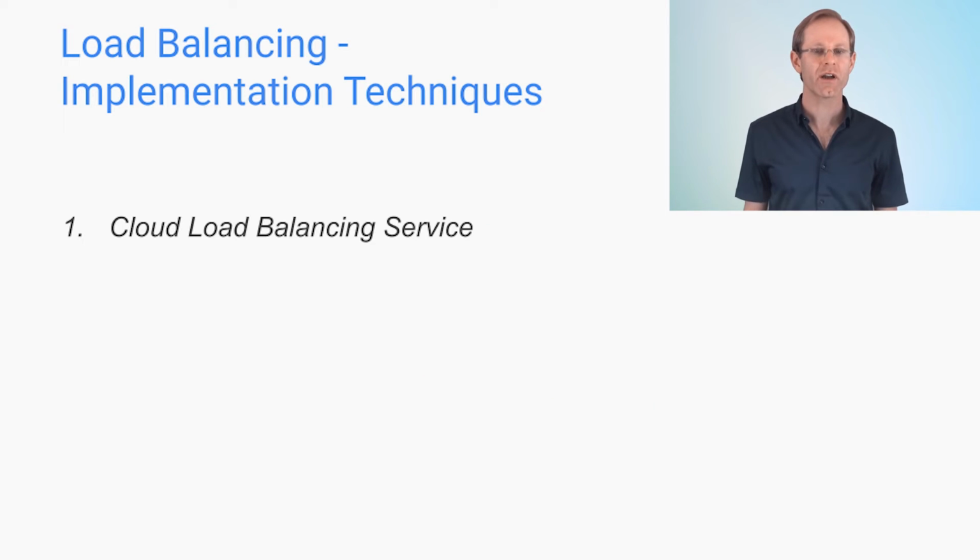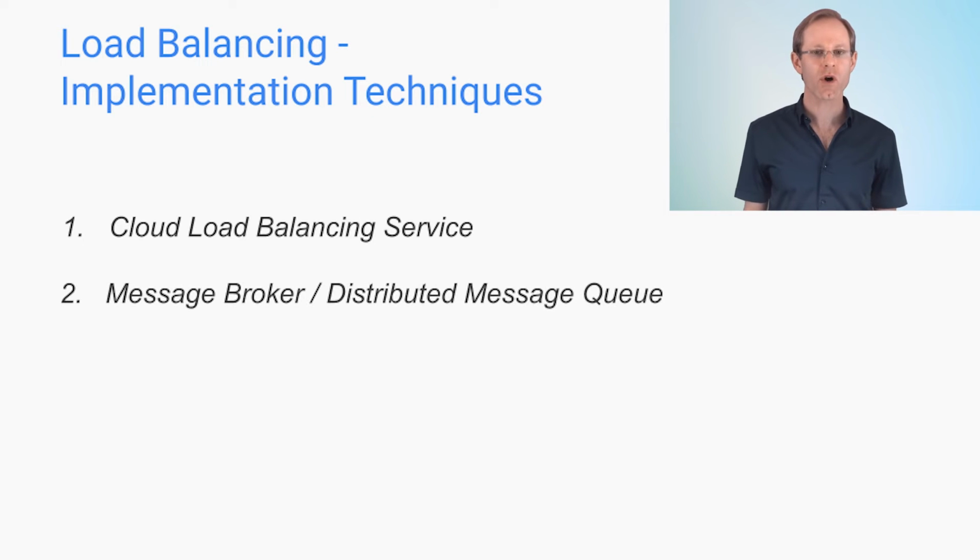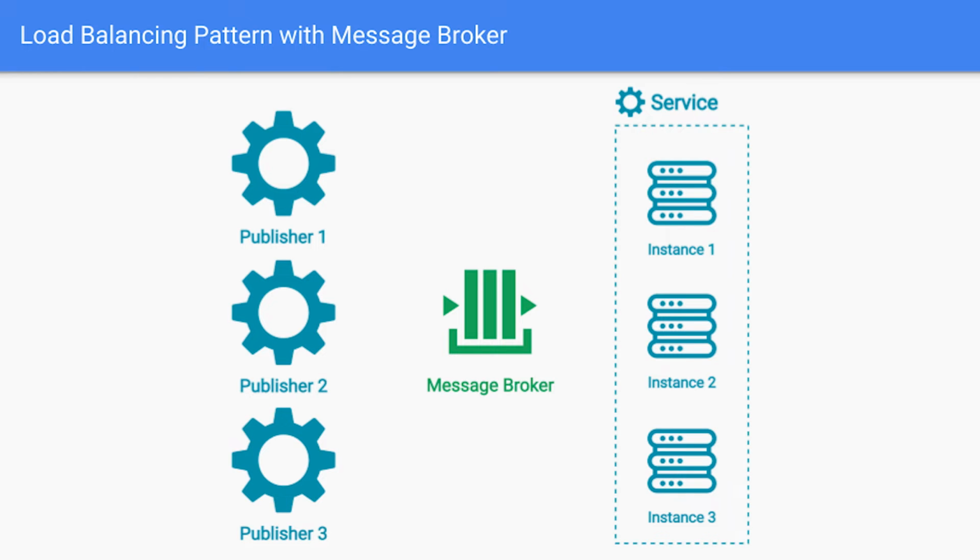The second way to implement the load balancing pattern is using a message broker or a distributed message queue. Using the message broker, we can have one or multiple publishers sending messages to the message broker. And on the receiving end, we can have a group of consumer workers that read those messages.